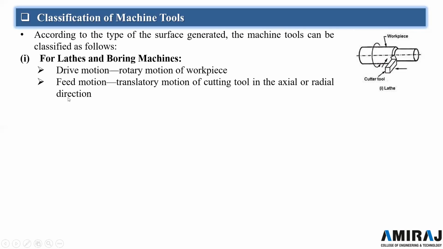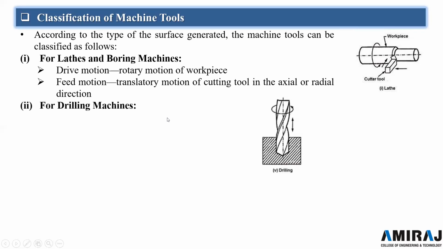So for lathe or boring machine, the drive motion is rotary to the workpiece while feed motion is to the cutting tool. And for drilling machine, here you can see the drilling machine, the drive and feed motion both are provided to the rotary drill.